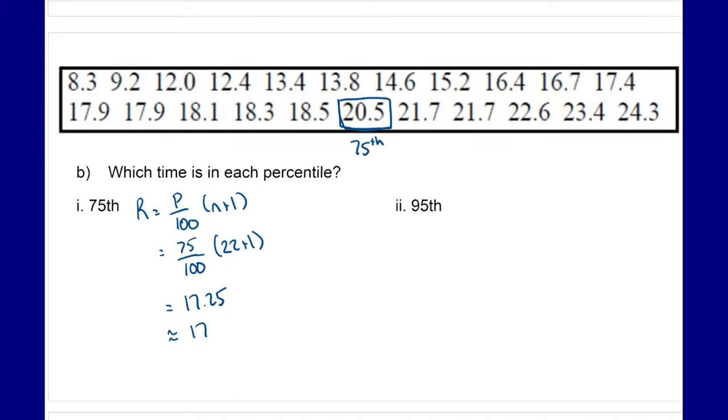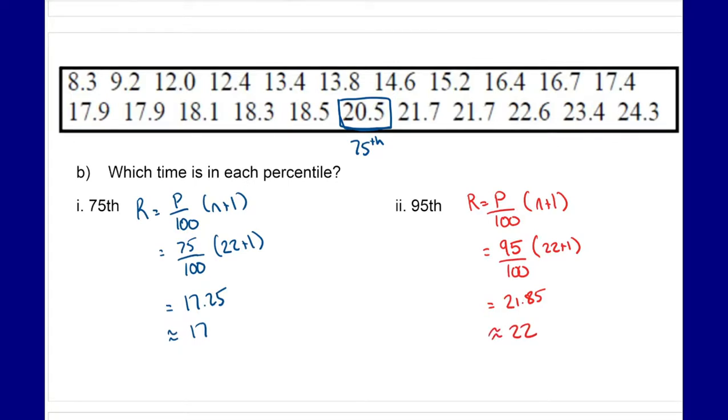For the 95th percentile, we're doing the same thing. P divided by 100 times n plus 1. So 95 divided by 100 times 22 plus 1, and we get 21.85, or you can round to 22.